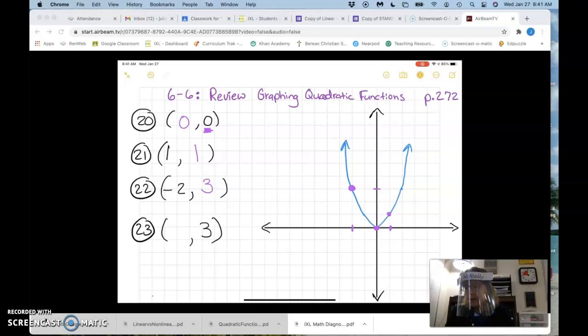Now x, -2 and +2. You see how there's a point here and a point here? They're both at 3 for y, but they are different for x. Because it's a parabola, you're going to have more than one answer for some of them, okay? So that's how you do that section.